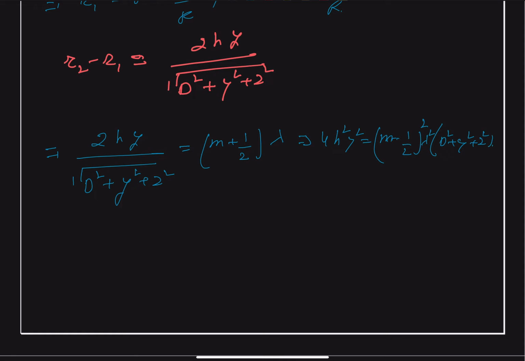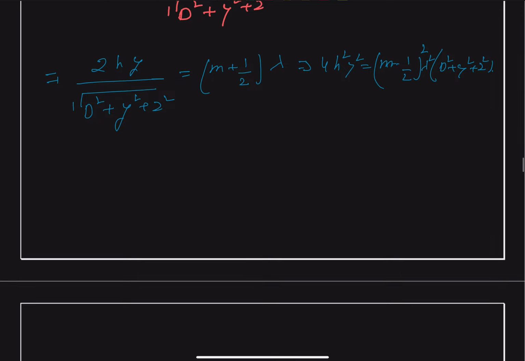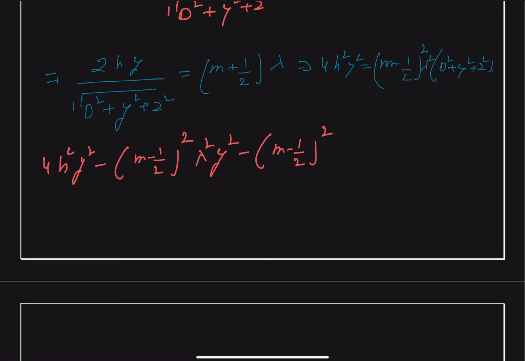We can just rearrange the terms and we are going to get the equation: 4h square y square minus (m minus 1 by 2) whole square lambda square y square minus (m minus 1 by 2) whole square lambda square z square will be equal to (m minus 1 by 2) whole square lambda square d square.